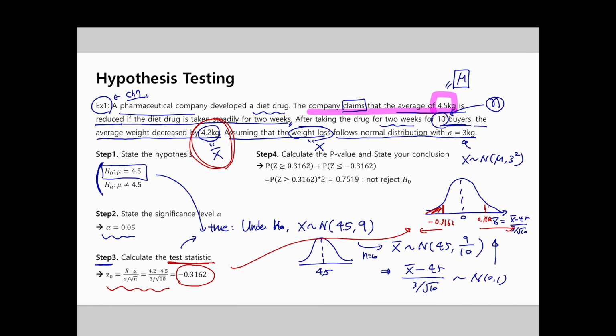So the p-value based on the statistic is this area. The p-value is 0.7519. So we cannot reject H0 because the p-value is greater than 0.05.